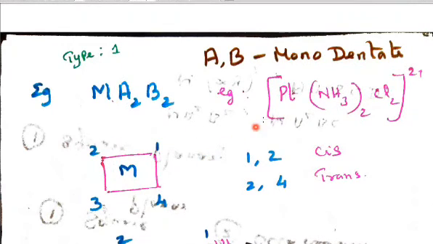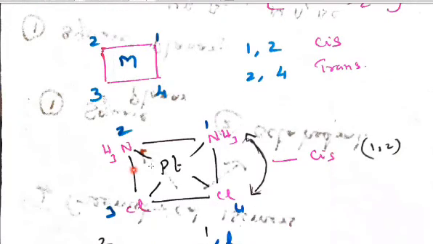Now you write this formula according to this structure. So Pt at the center and NH3, NH3, the amine groups, are in the first and second positions, Cl in the third position, Cl in the fourth position. So these two, 1, 2 positions, are the same. It is called the cis position.